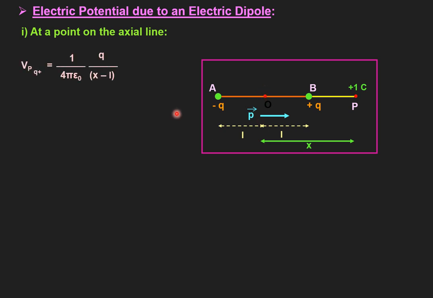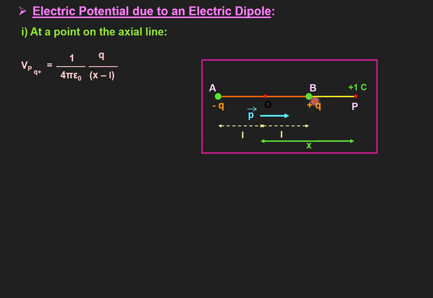So how are we going to calculate it? Since we know this electric dipole consists of two equal and opposite point charges, and due to a single point charge we already know the electric potential is charge divided by 4 pi epsilon naught times separation. So potential at point P due to the positive Q will be this charge, and we also have to take care of the sign. Because electric potential is a scalar quantity, we need not bother about direction, but while calculating numerically we have to put the exact sign of the source charge.